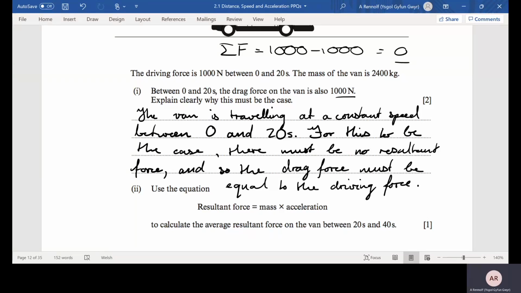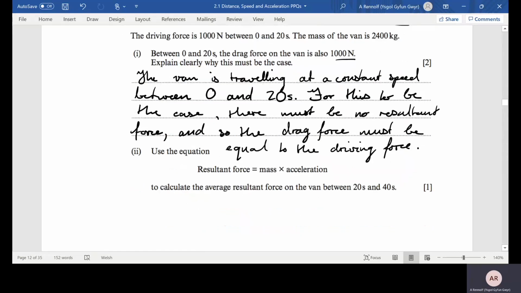Use the equation then, resultant force equals mass times acceleration, to calculate the average resultant force in the van between 20 and 40 seconds. Okay, well, the mass we've been given earlier is 2,400 kilos. We already calculated the acceleration between 20 and 40. We did that on the previous page.